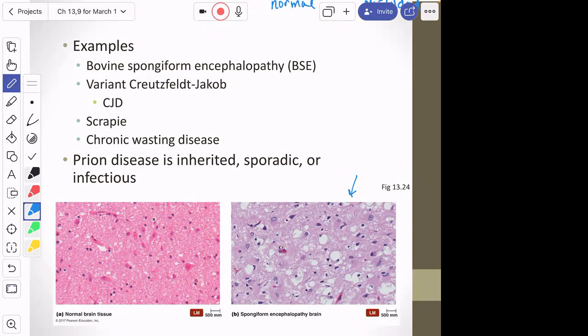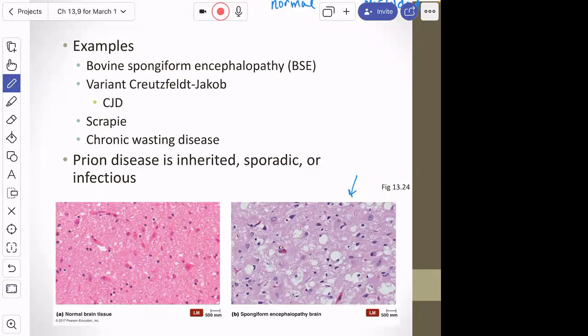So when you think about what some examples of prion disease are and how organisms contract it, understand that all these prion diseases are very rare, thankfully. And we'll look at some examples here in both animals and humans.